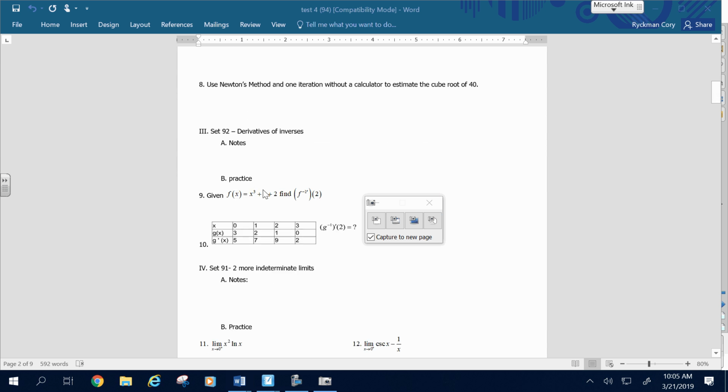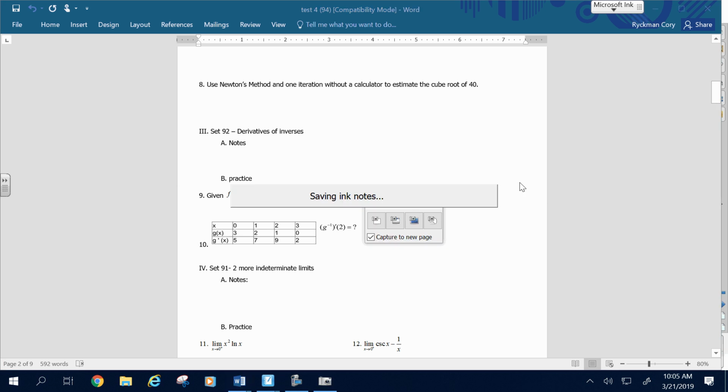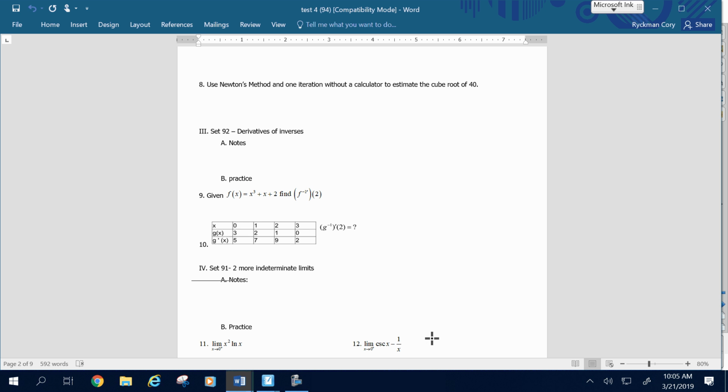So C's negative 10, negative 30. Oh no, we did. Okay, now I got it. No, we're right.